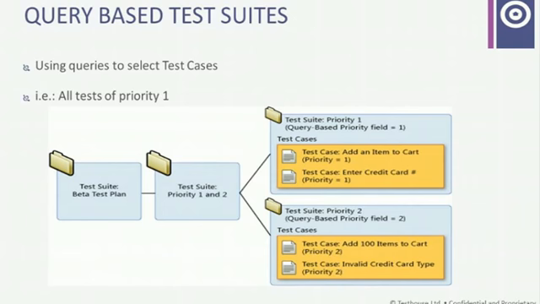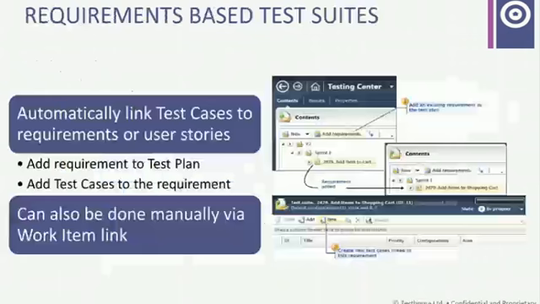You can also have query-based test suites, so that you can set up a query, like an SQL-like query, to say, I want to gather together all my priority 1 or priority 2 test cases within the test suite, or all the test cases that are going to be executed by a certain tester, so that you can gather together all your different test cases within one test suite and see them very easily.